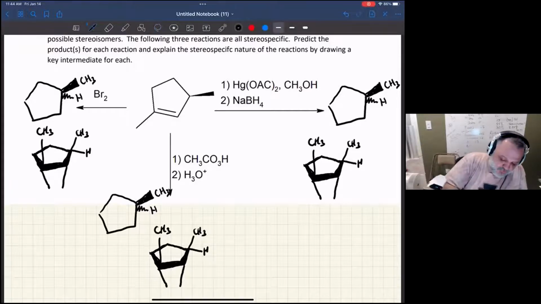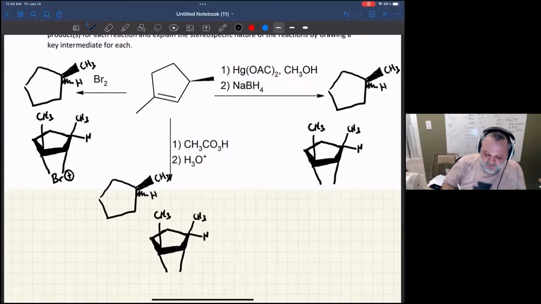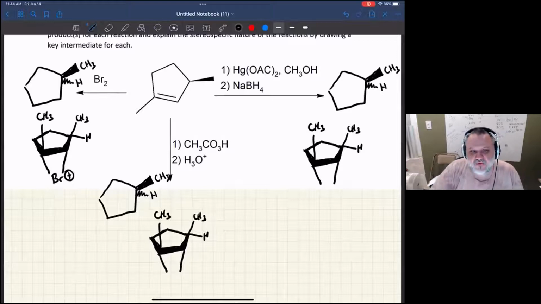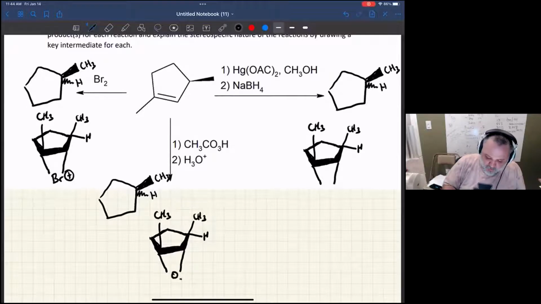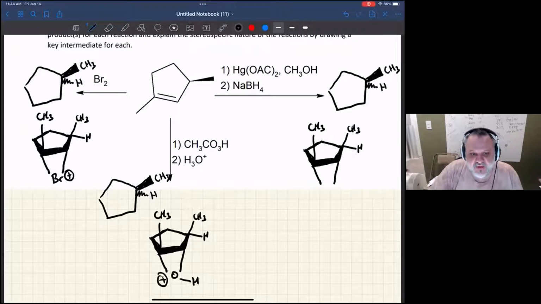So for the addition of Br2, we form a bromonium ion. For this peroxy acid reaction, we're going to form a protonated epoxide. Ultimately, it's going to be a diol formation.